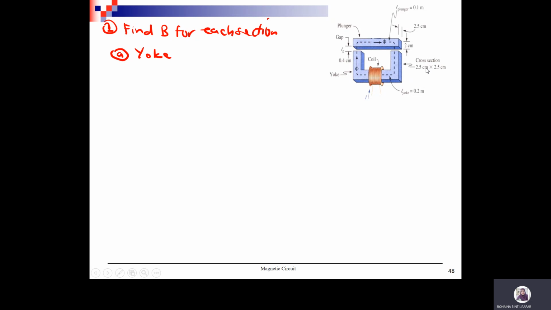The cross section for yoke is 2.5 cm times 2.5 cm.